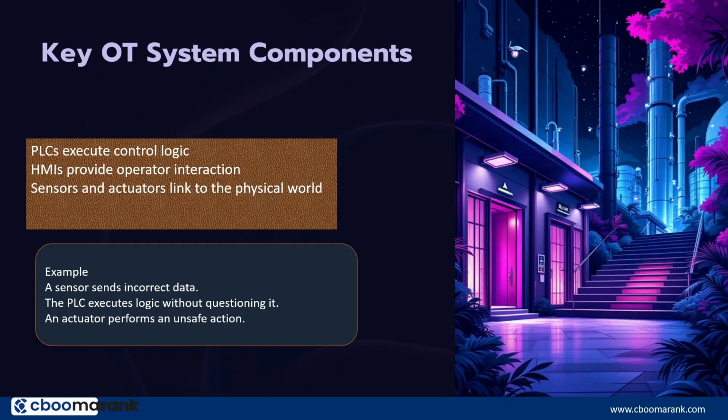Then the PLC does not question the data, because it simply executes the logic without any adjustment. So it will execute the logic as designed. The result is unsafe physical behavior. This scenario demonstrates why trust assumptions matter.